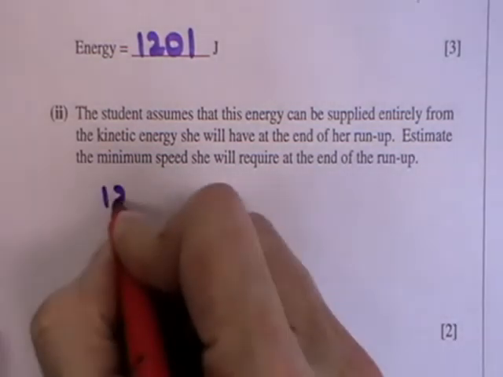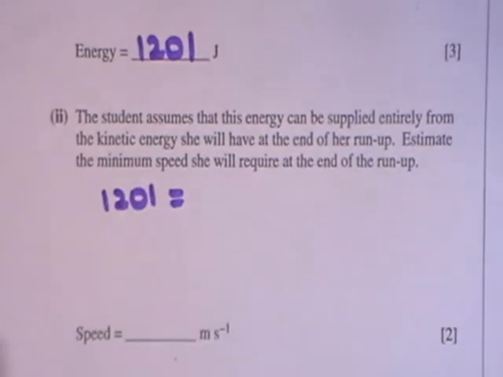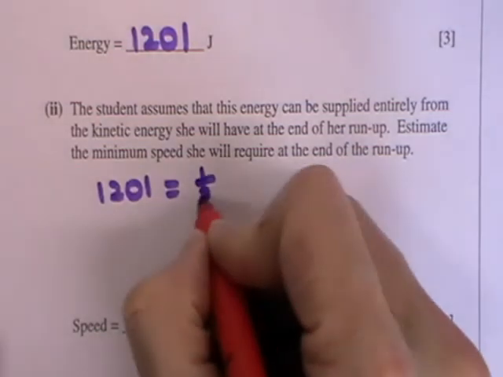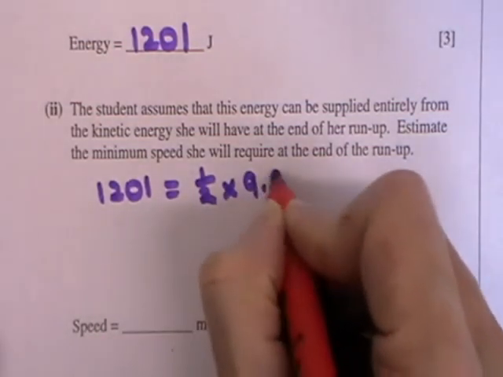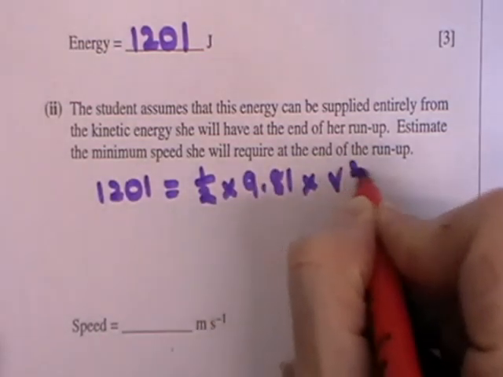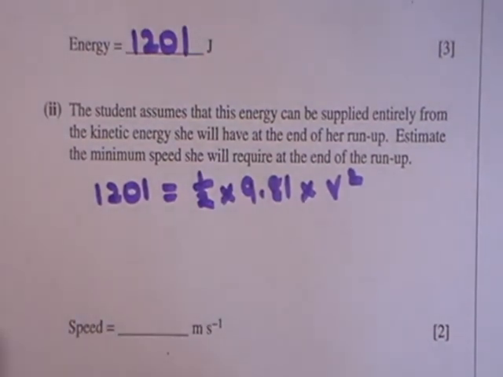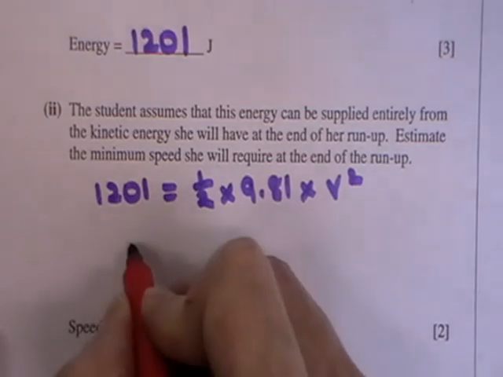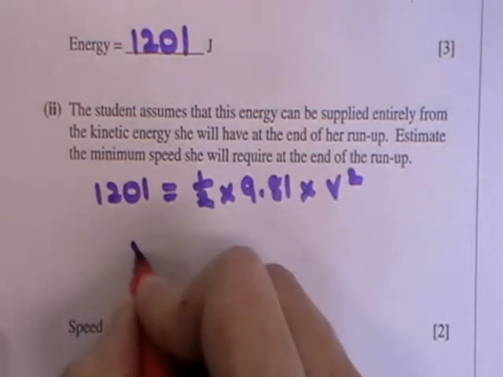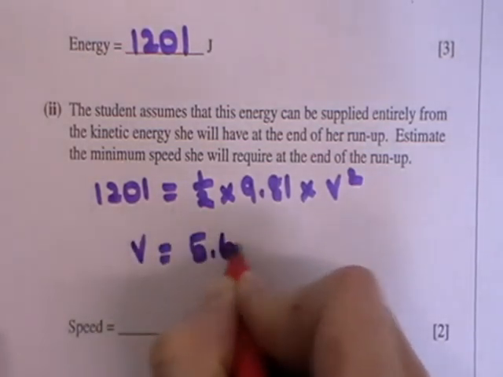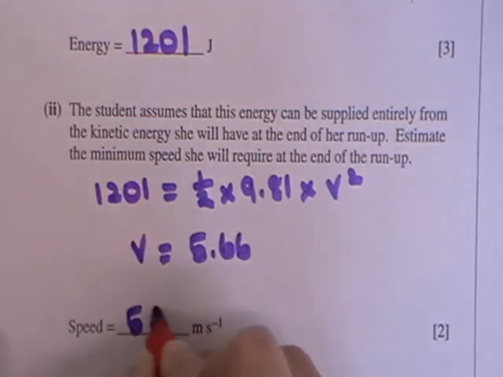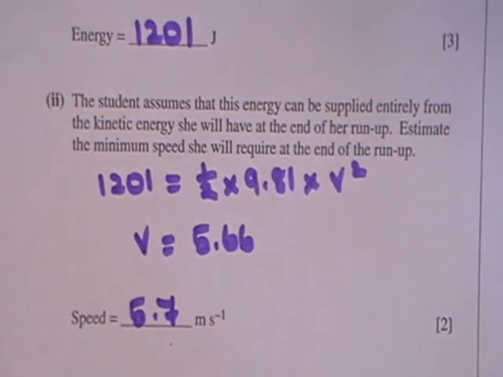She must have 1,201 joules of kinetic energy in total. And that's equal to half times mass times velocity squared, the minimum speed that she requires at the end. Whenever you rearrange that and square root it, it comes out to be 5.66 or 5.7 metres per second.